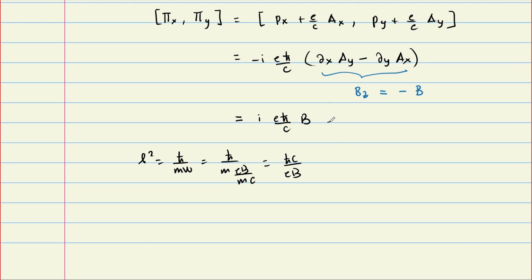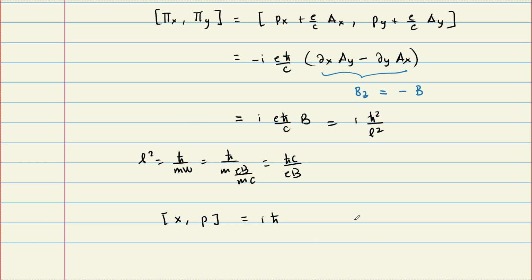Using this factor, the commutator can be written as iħ² over L². And so in this commutator, you can see something commuting with something else and giving i times a number. This should remind us of the commutation of x and p, which was iħ, and we need to put this overall scaling in somehow here.